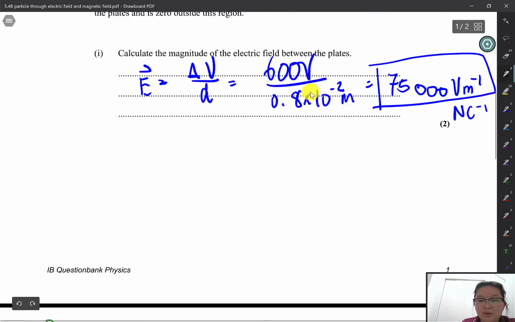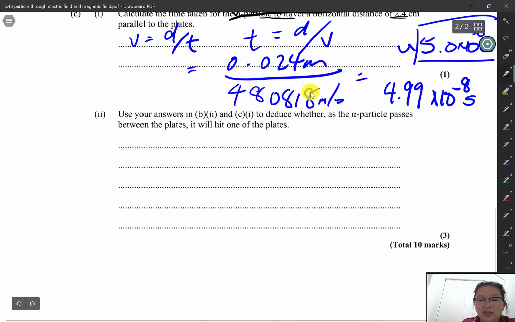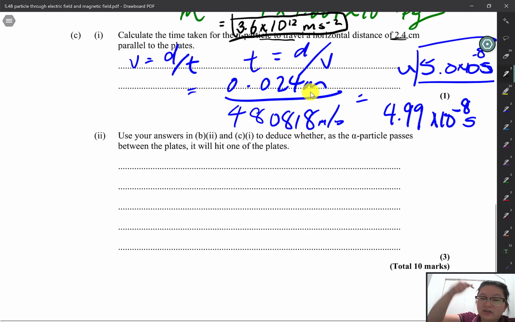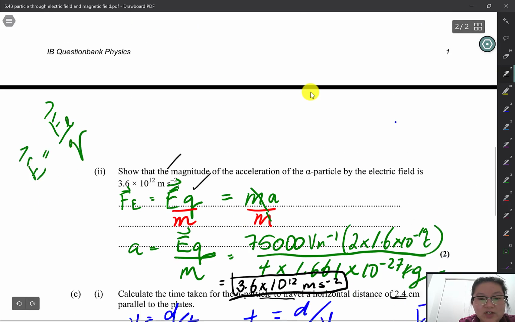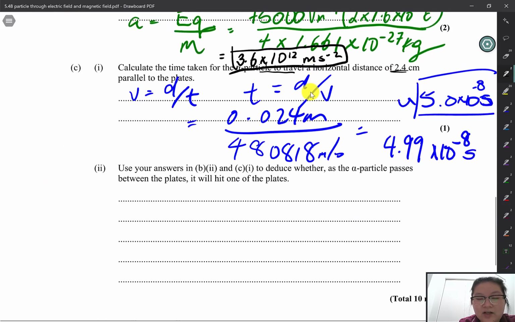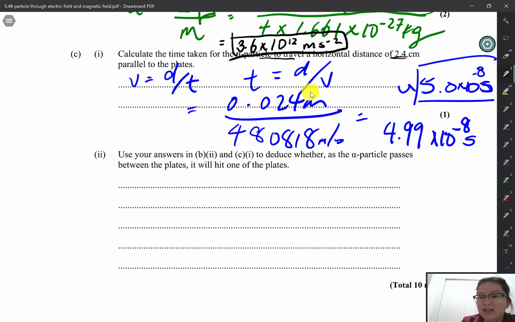So the time that we got in the previous question will help us determine how much of a vertical drop it will make. So let's do that first. To do that, we need the acceleration, which we found earlier, 3.6, as well as the time.